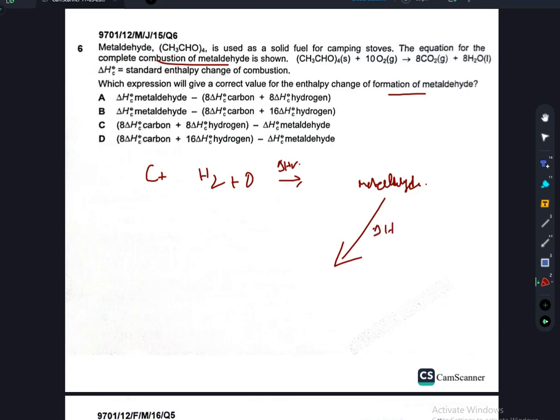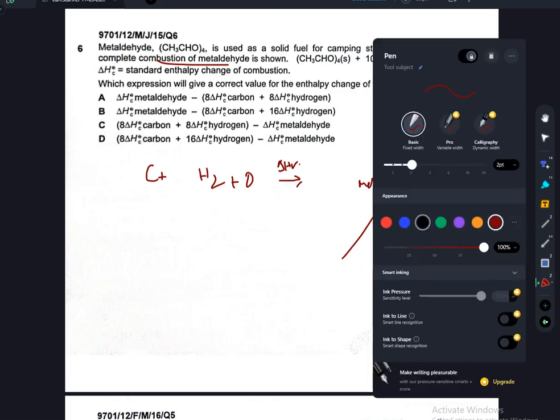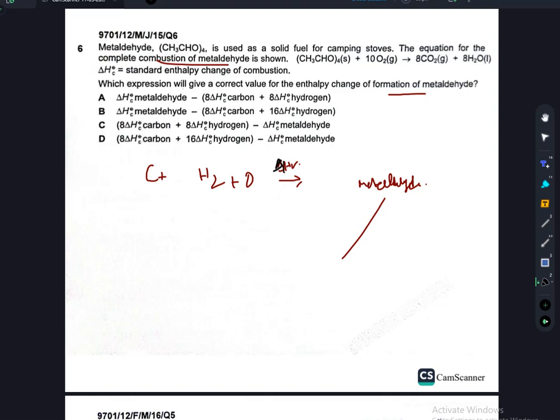He's asked for formation of metaldehyde, so this we have to find, delta HF.